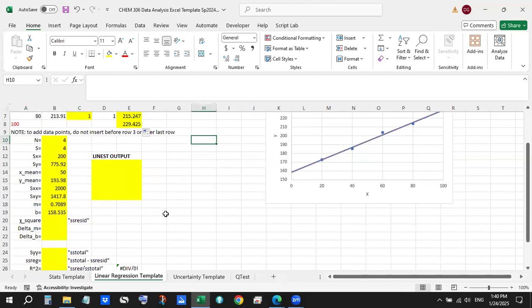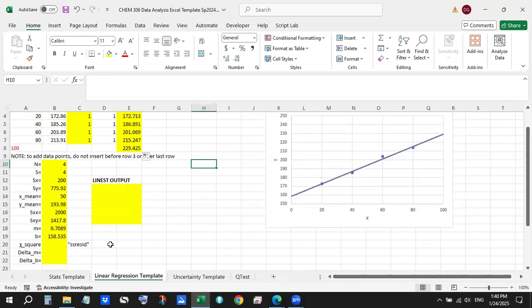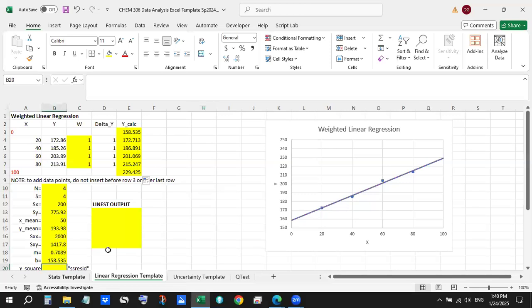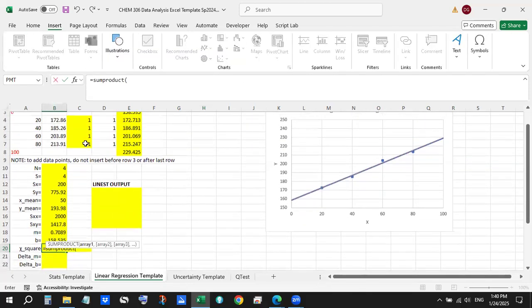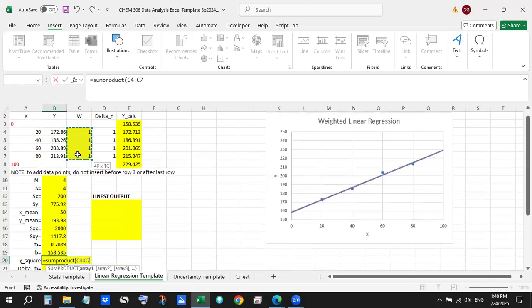So how do you determine chi-square? You can just say that's equal to 1, the sum product of the weights, comma, and then the difference between the experimental y value.